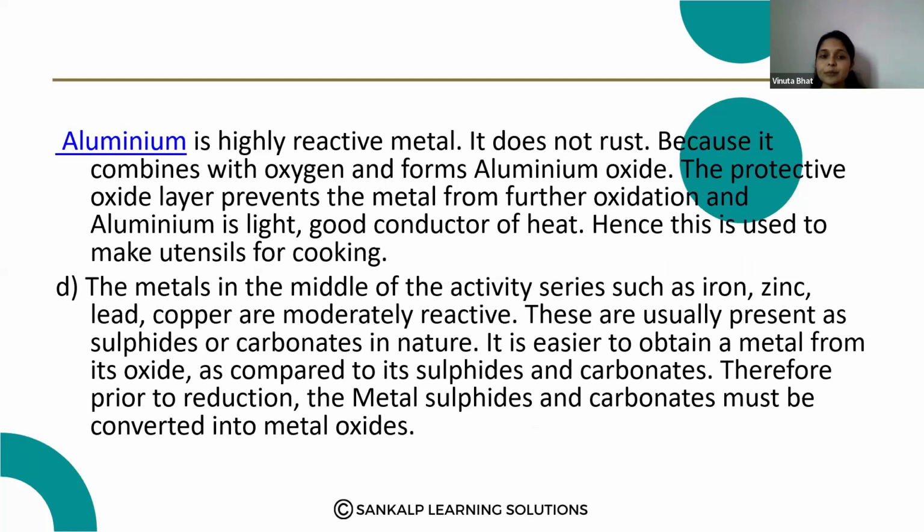These are usually present as sulfides and carbonates in nature, for example iron sulfides. It is easier to obtain the metal from its oxide compared to the sulfides and carbonates. So, prior to the reduction, the metal sulfides and carbonates must be converted into the metal oxide. That is the main reason.